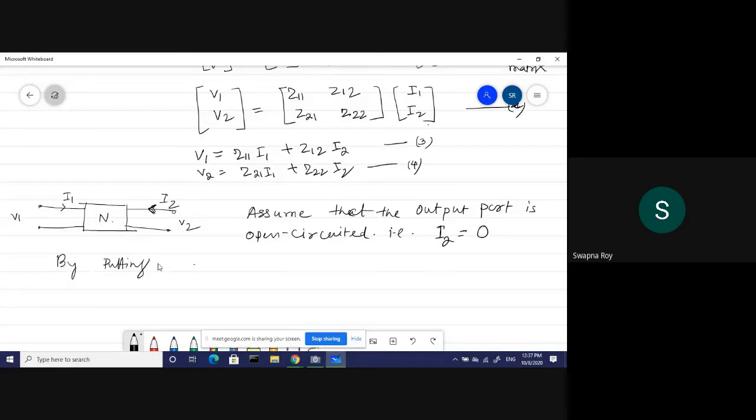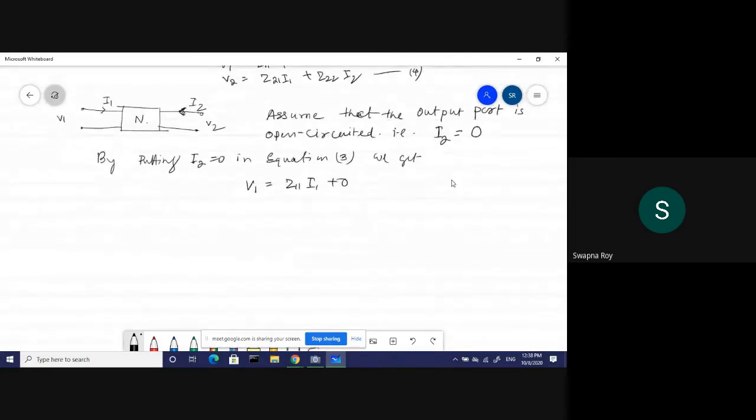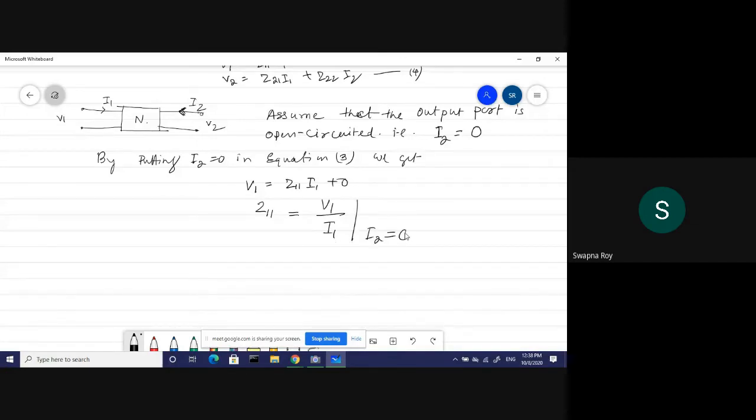By putting I2 equal to 0 in equation 3, we get V1 is equal to Z11 I1 plus 0. So Z11 is equal to V1 by I1 when I2 is equal to 0, that is, the output port is open circuited.